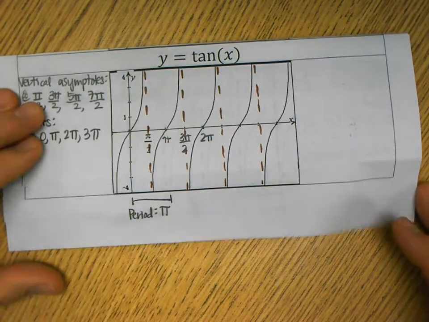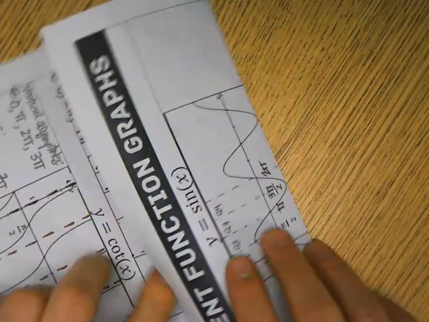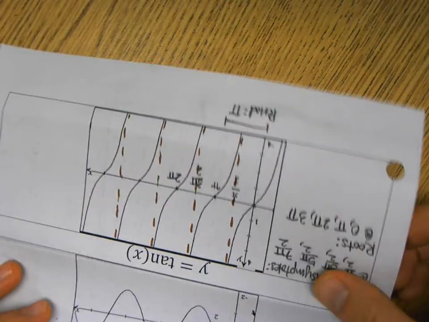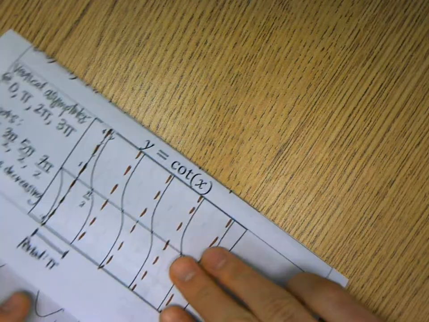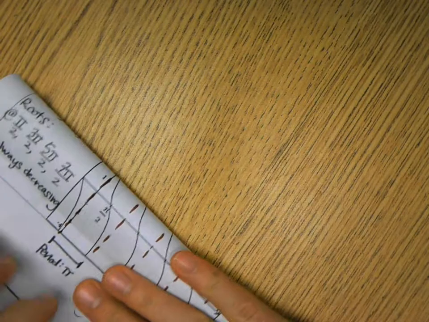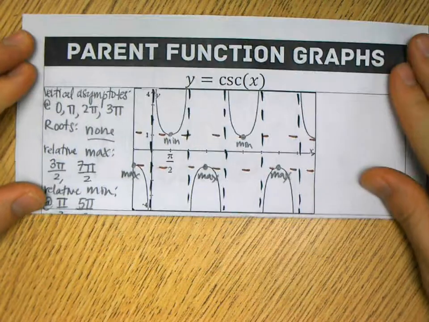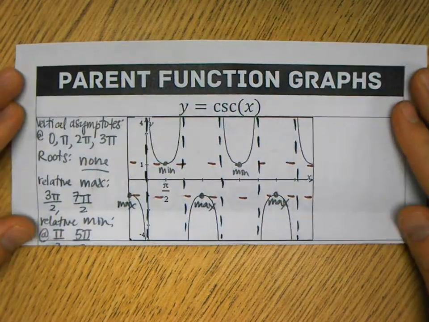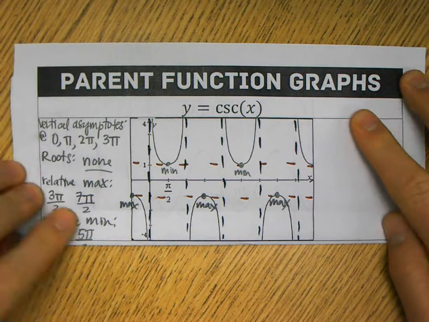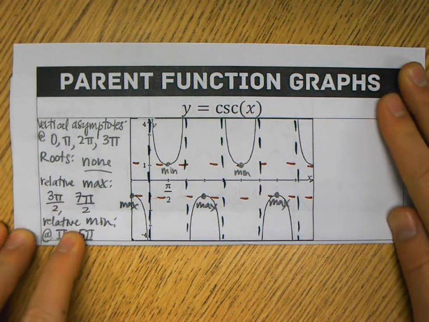All right, moving on to cosecant. Okay, for cosecant of x, the domain, again, is going to be all real numbers.